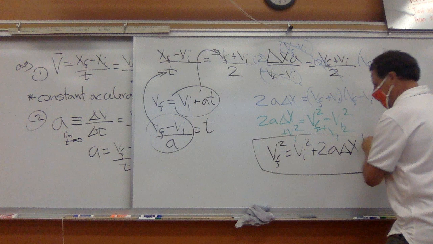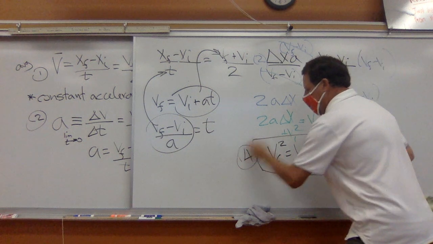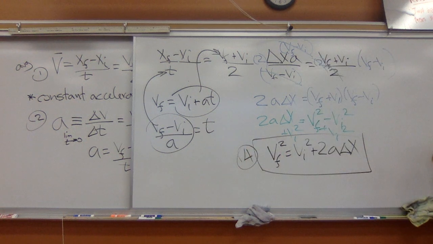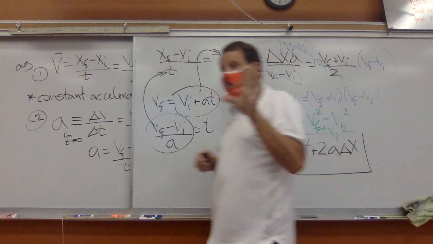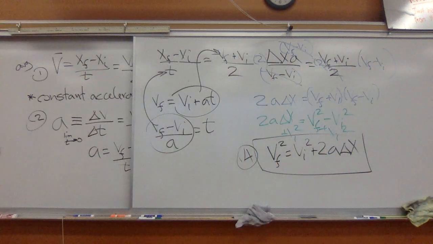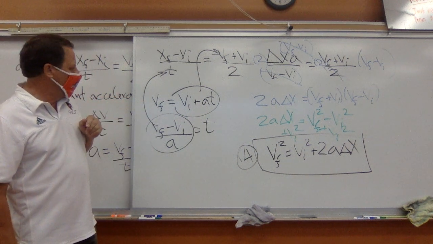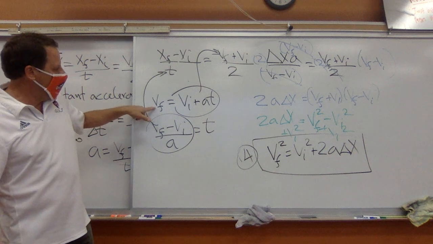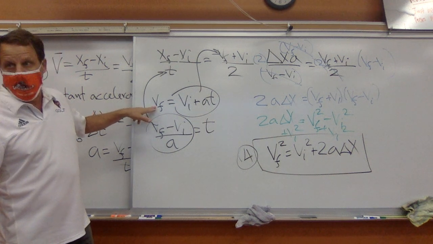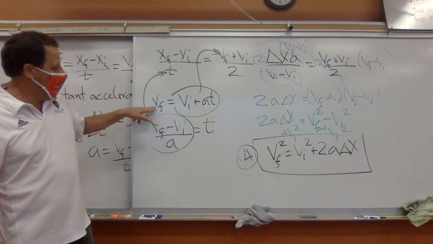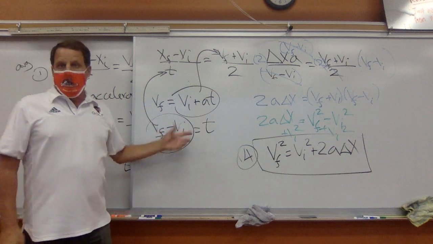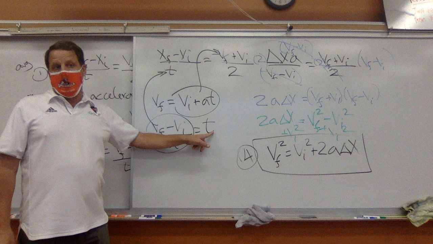And this right here is our fourth equation. Now, we could derive a fifth equation, and notice that when we were here, we separated out a v final to develop equation 3. And in equation 4, we separated out and substituted in the t.